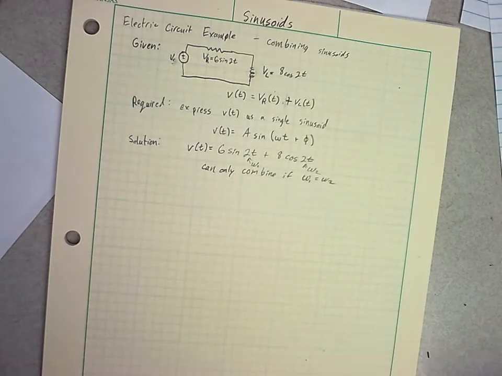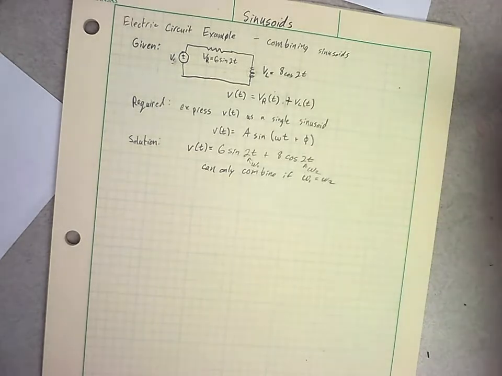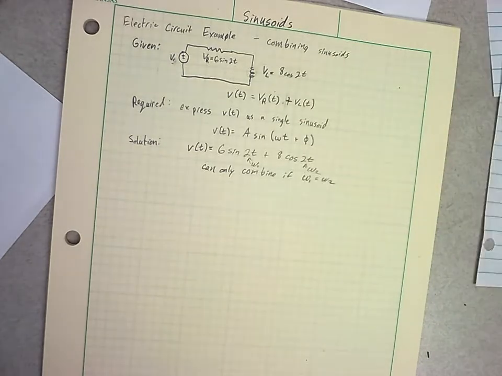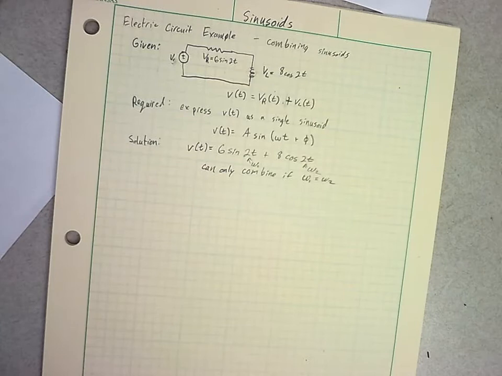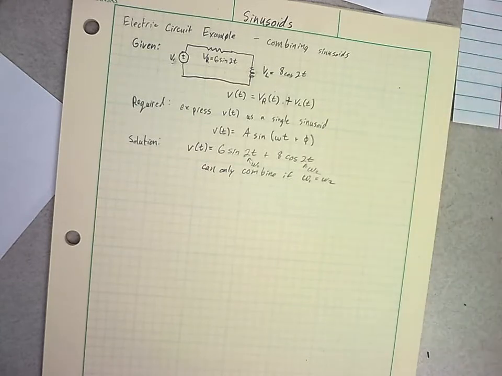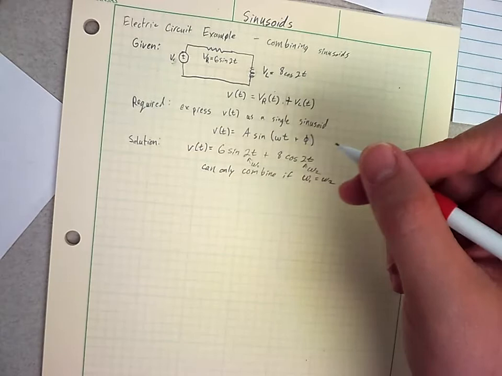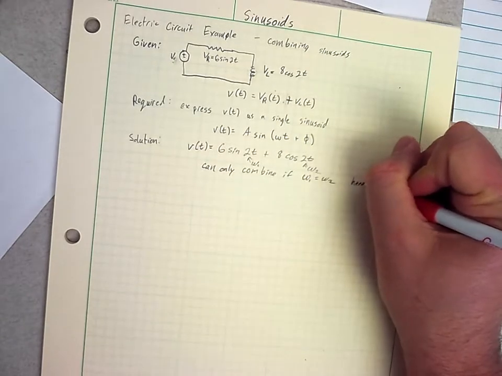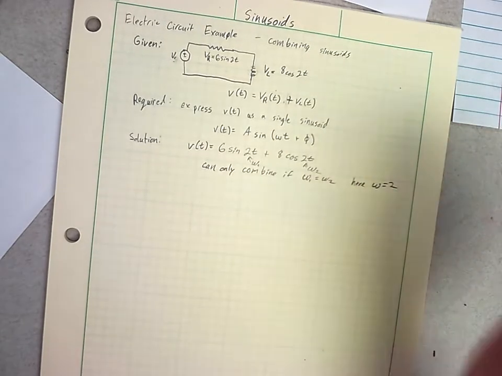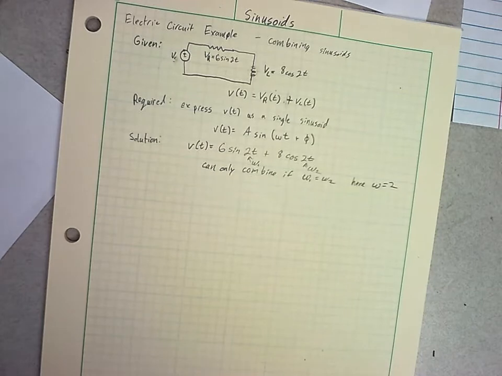Since that omega term is the same on both of them, that gives me a chance to try to figure it out, since the angular frequency is the same. If they're not the same, it gets really complicated because you don't have the same rate, so it's almost impossible to do. So here omega is equal to 2. That's very helpful.